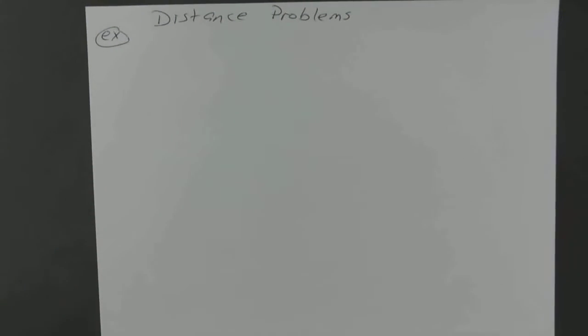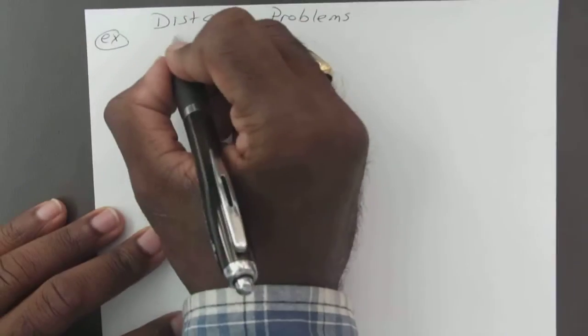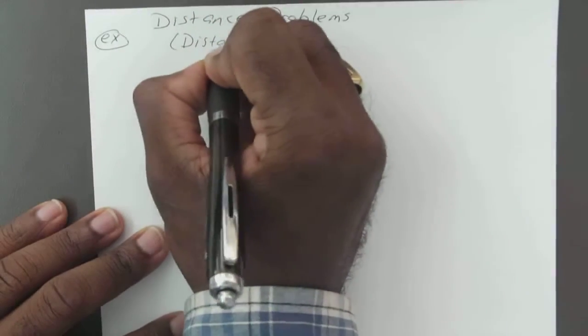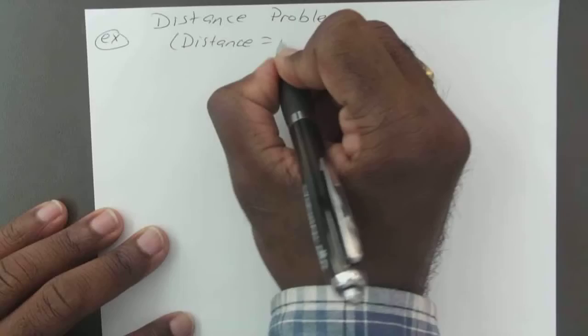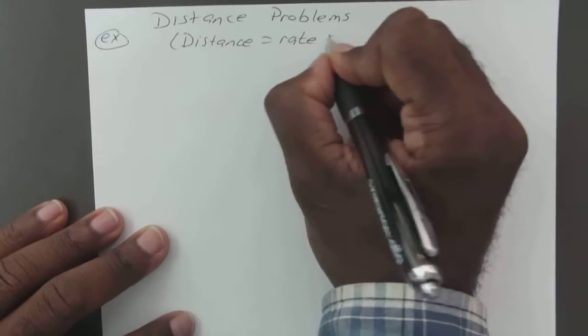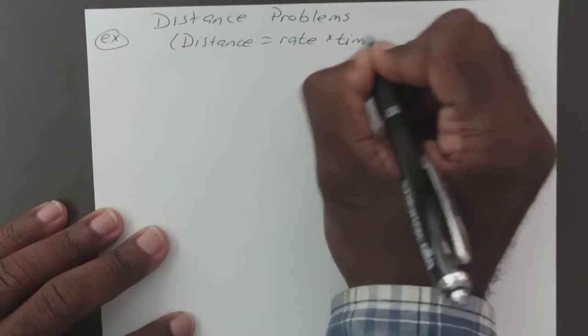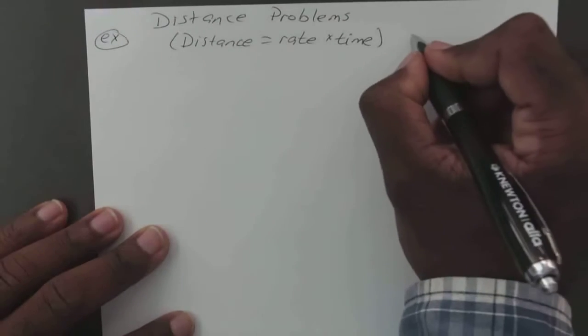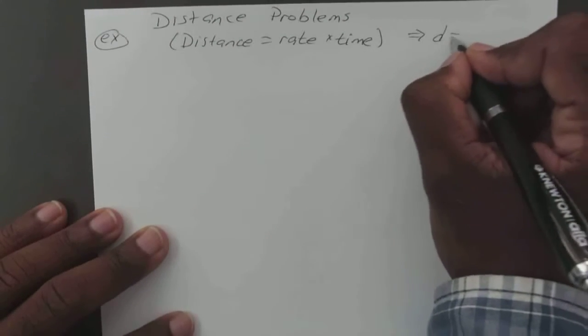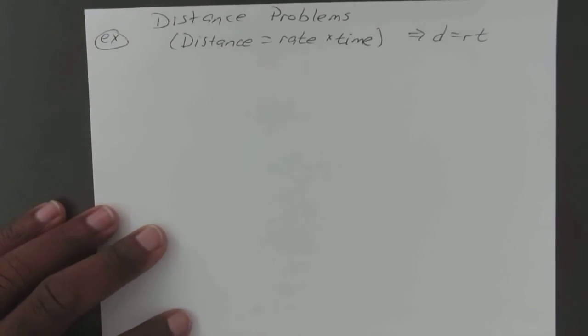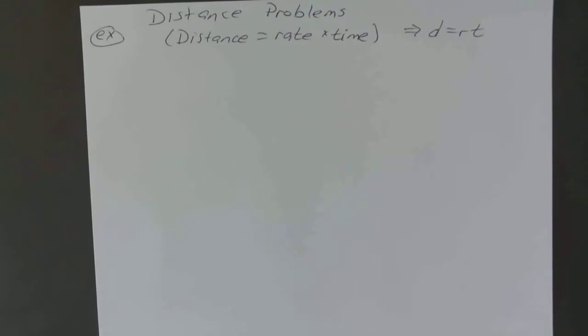Okay. And most of the distance problems revolve around the formula: distance equals the rate times the time. Or usually you'll see D equals R times T. Okay, so that's the formula we're going to use for most of our distance problems, or really all of our distance problems.